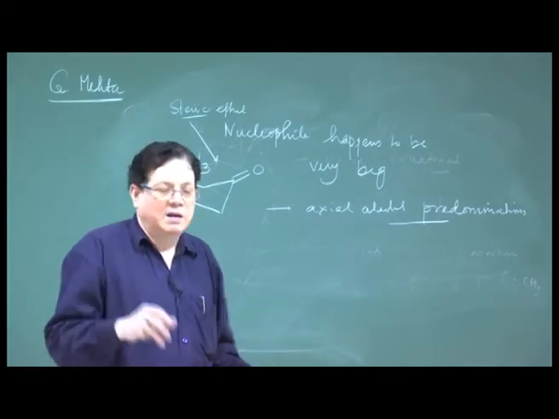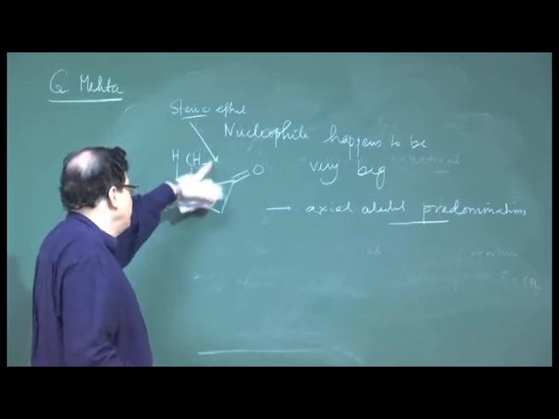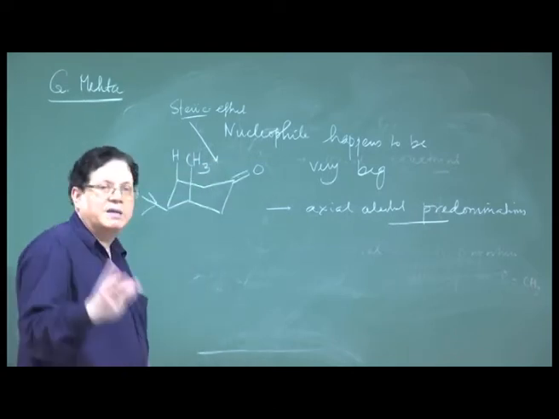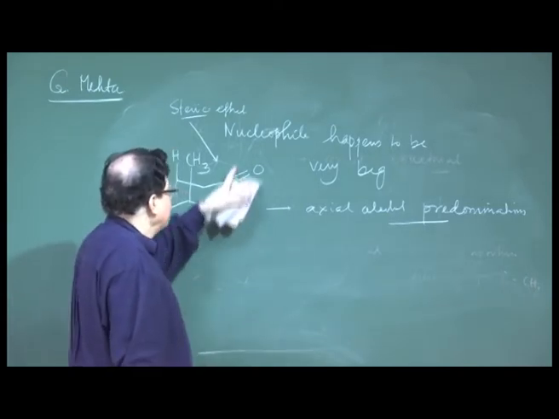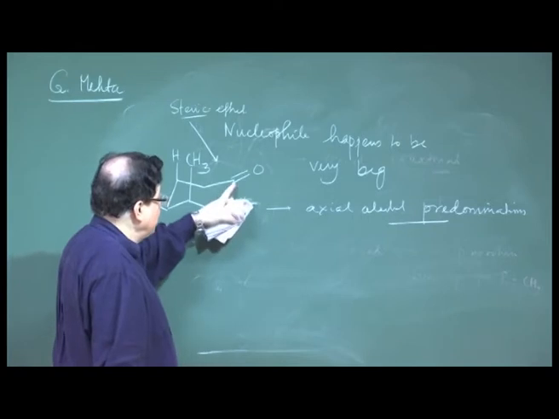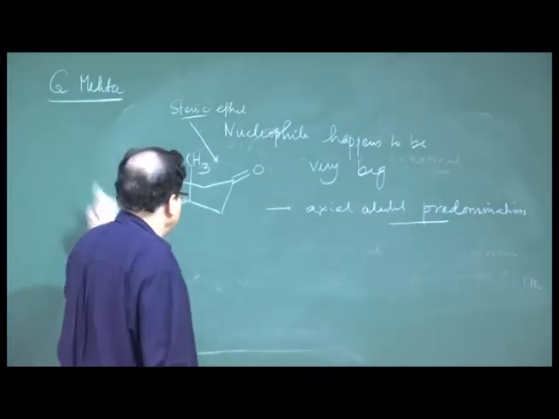But if there is too much steric congestion, either due to the size of the nucleophile or due to already present bulky axial groups, then the equatorial approach is favored, and the product will be mainly the axial alcohol. Okay.